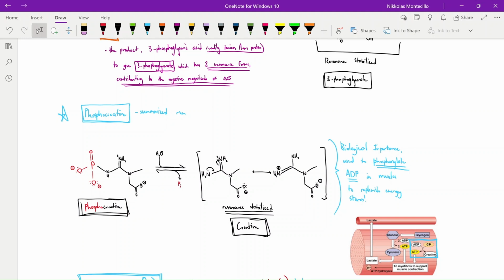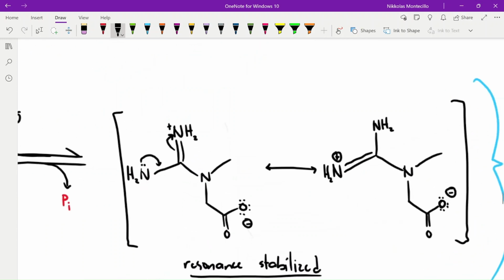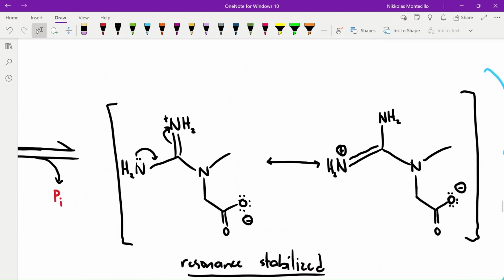It's a bit atypical from the others, because typically what we saw with resonance stabilization is the spread of a negative charge, but this time it's a positive charge that is being delocalized, spreading between these two amine groups.